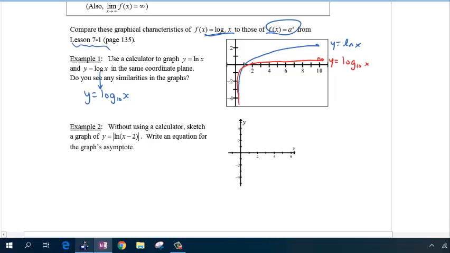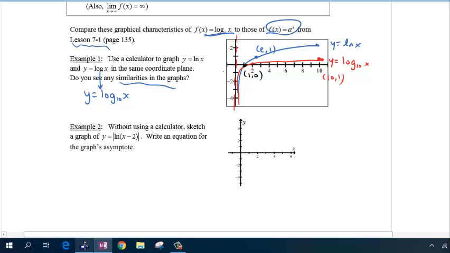Of course, for base 10, here we have the point (10, 1). And for ln, we have here the point (e, 1), where e is about 2.718. Similarities: both of course have a vertical asymptote at x equals 0. Both are increasing functions. Both pass through the coordinate (1, 0). All those characteristics from above.